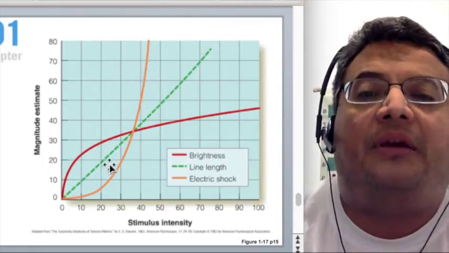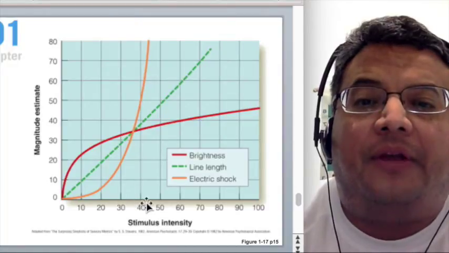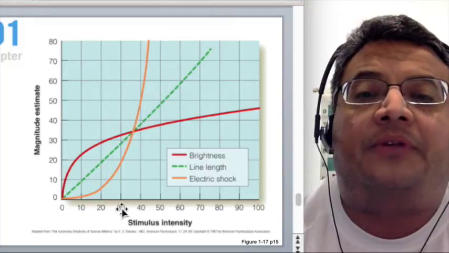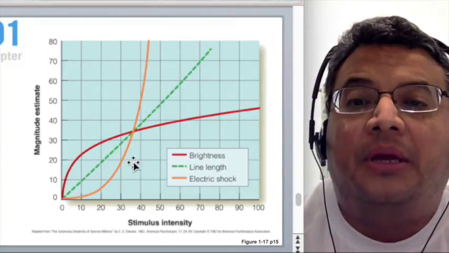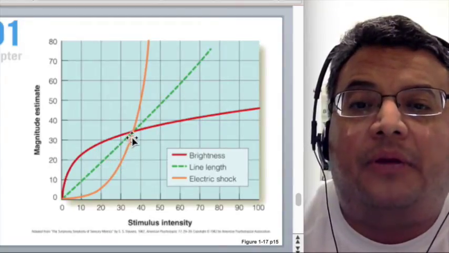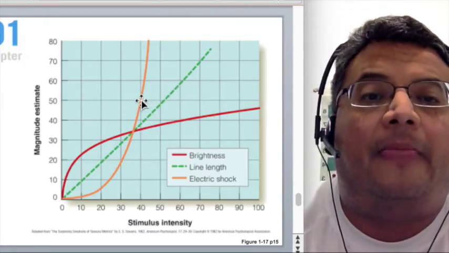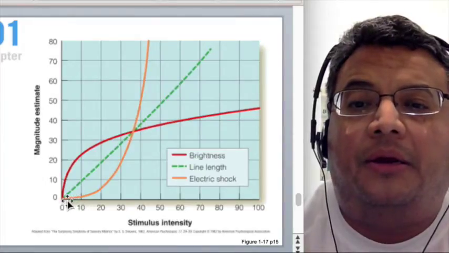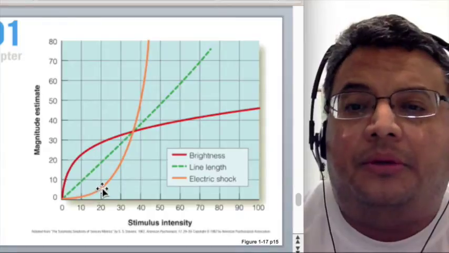Look at the difference between 30 and 40 units of electric shock: we go from a magnitude estimate of about 20 to a magnitude estimate of 50, whereas before we were just going from 0 to 2, 2 to 7.